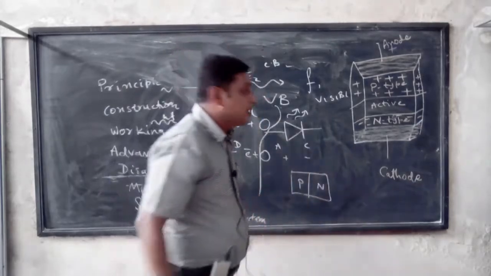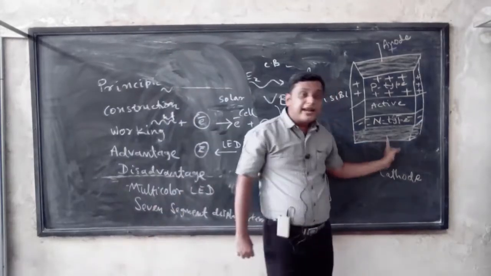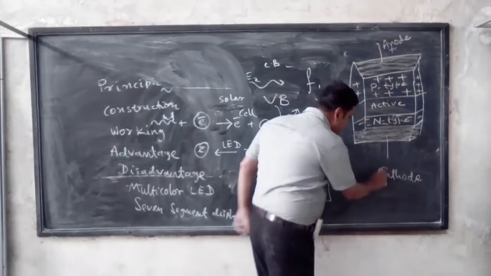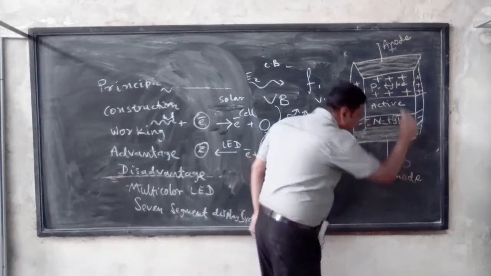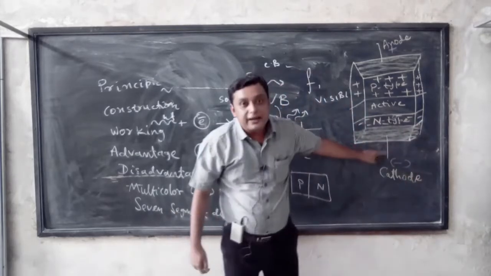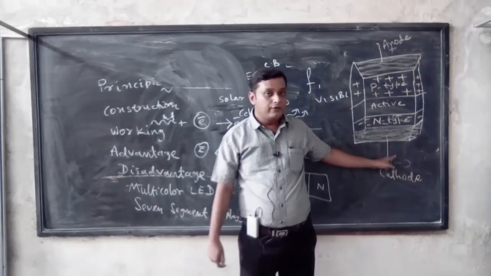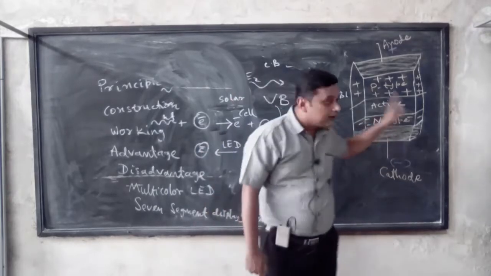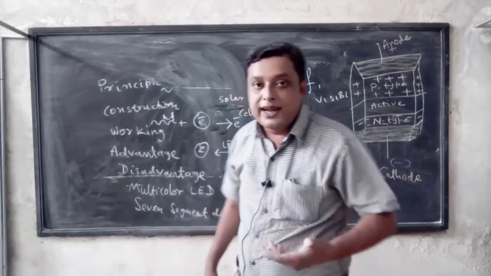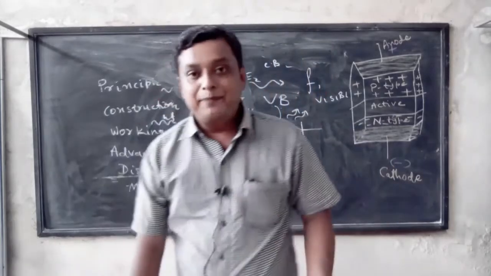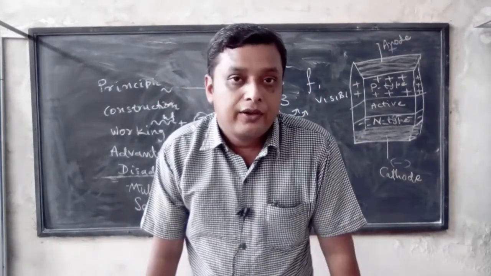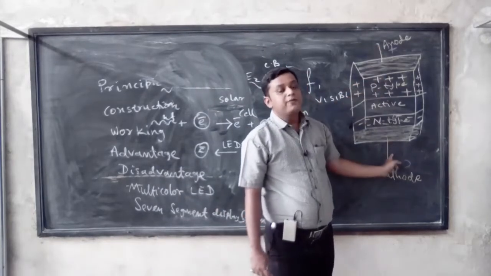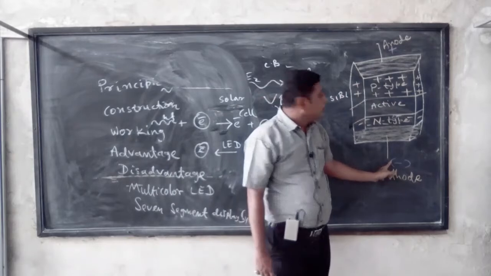Now the other terminal is taken from the N-type semiconducting material. This terminal is acting as a negative terminal because in an N-type semiconducting material, majority charge carriers are electrons, and each and every electron exhibits negative charge. So anode would always be positive in nature and cathode would always be negative in nature.